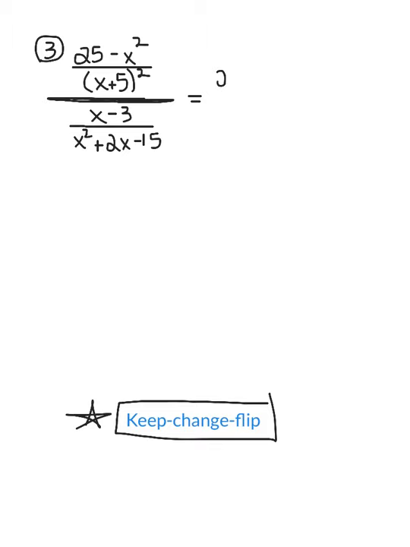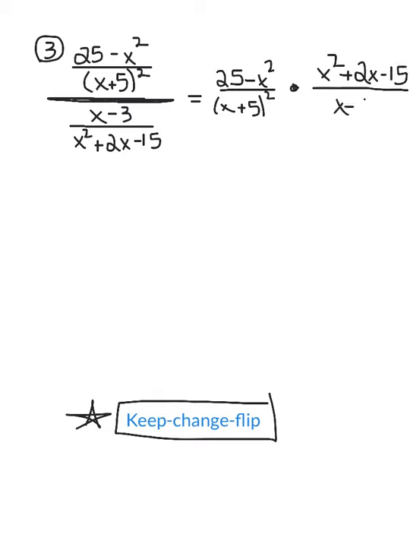So I'm going to write 25 minus x squared over x plus 5, that quantity squared, and keep it just as is. Change means change the division to multiplication. Flip means take the second fraction, in this case the fraction in the denominator here, and flip it. I'm going to put x squared plus 2x minus 15 in the numerator, and x minus 3 in the denominator.